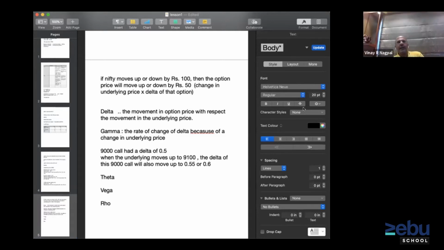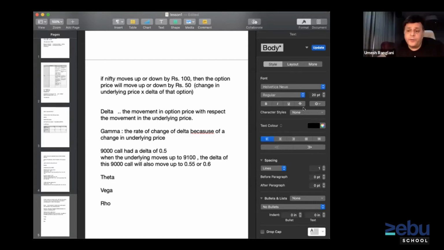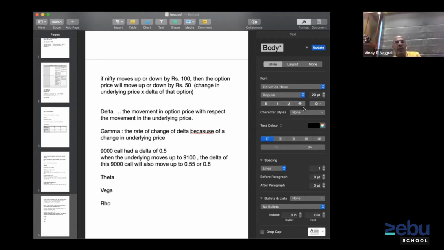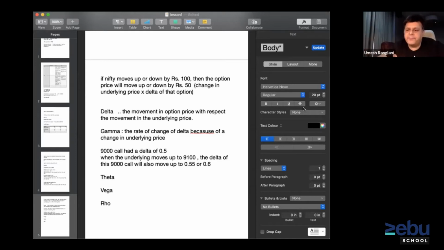As the option comes closer to being in the money, the delta becomes closer to 1. Closer to 0 when out of the money. At ATM it is 0.5. Then as the market keeps going up, the delta keeps increasing. Right.